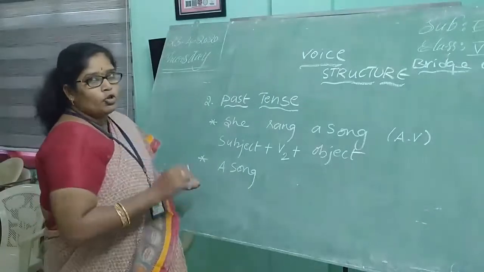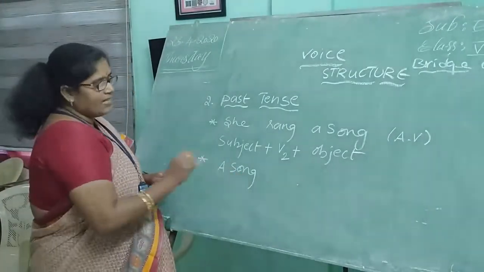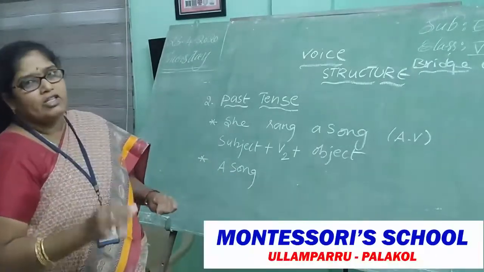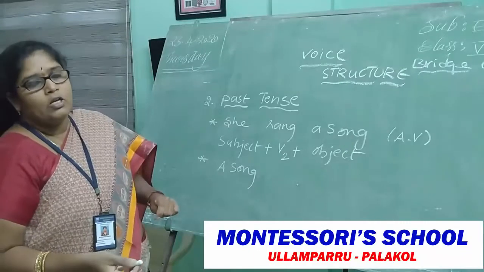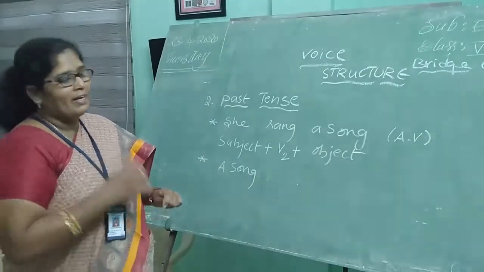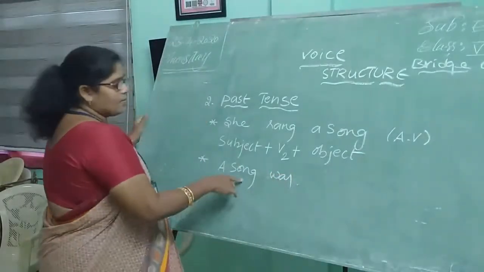So one you have to choose here depending upon the subject of the sentence, children. Here the subject is singular, children. A song is singular. So out of was and were, was is suitable here. So that's why I am taking was, children. A song was.